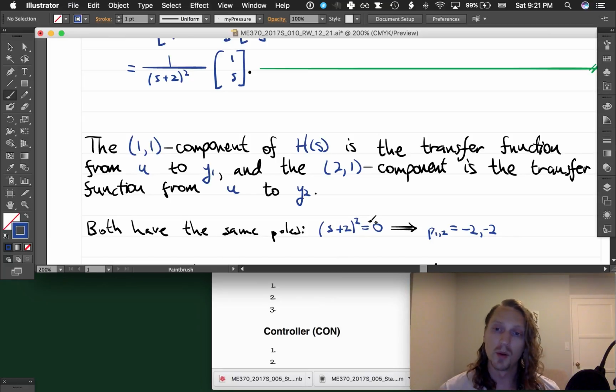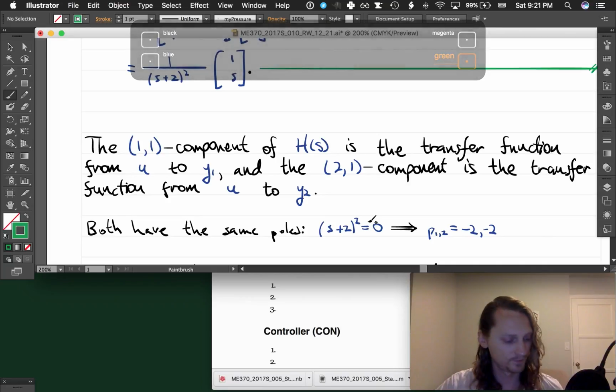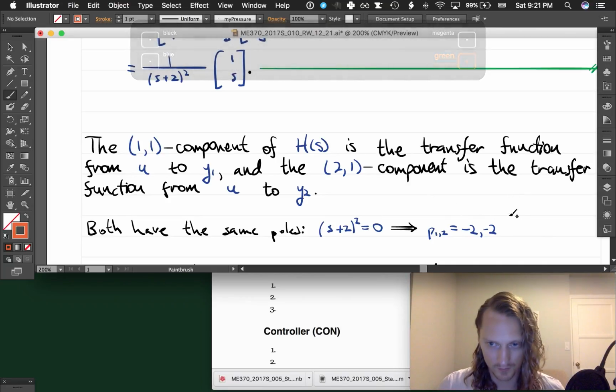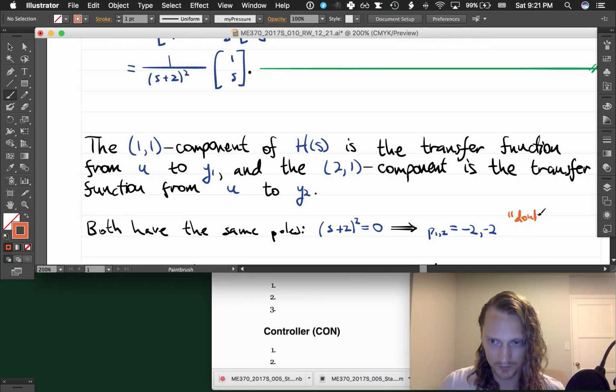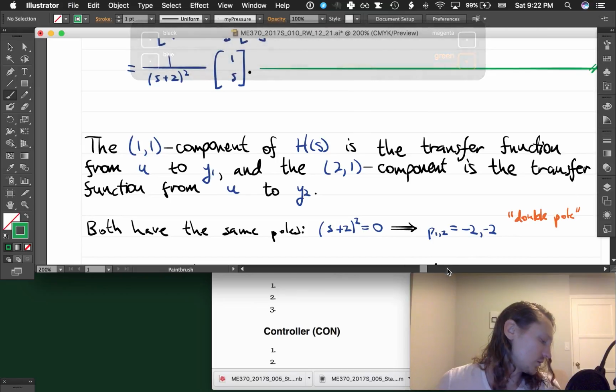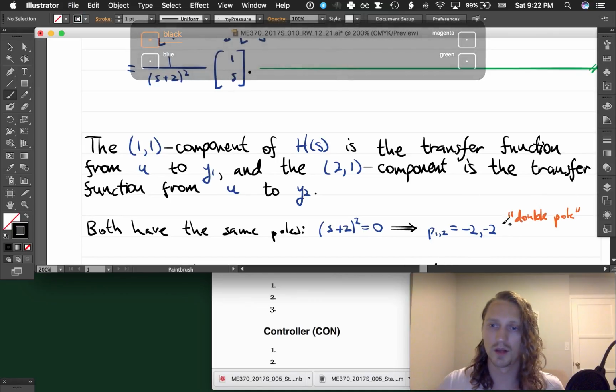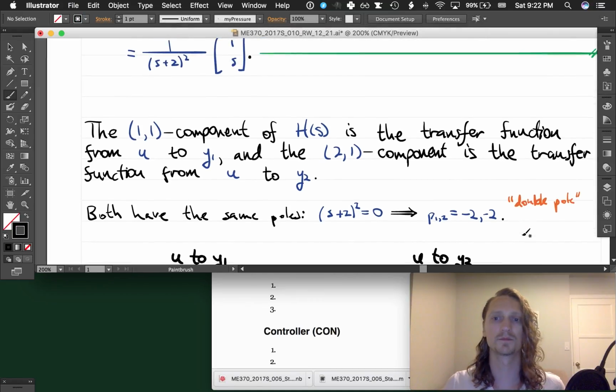We have what's called a double pole. And notice that it's real, a real double pole.